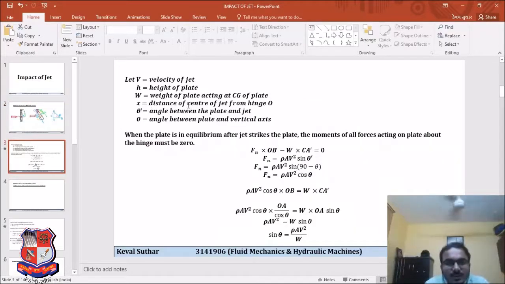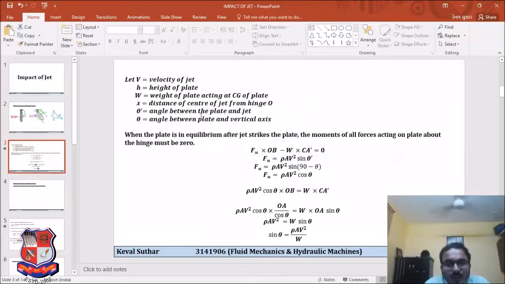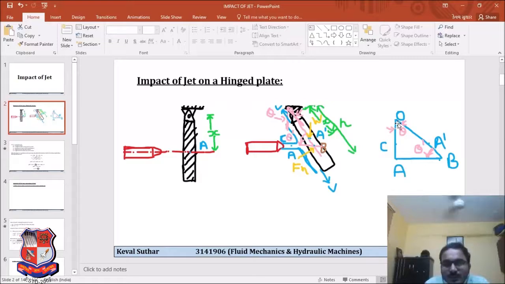That is, x is the distance of center of jet from the hinge O. Theta prime is the angle between plate and the jet, and theta is the angle between plate and vertical axis. You can see here it is between the plate and the vertical axis.